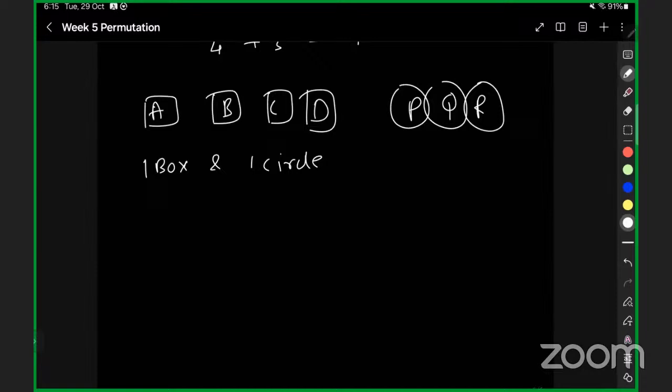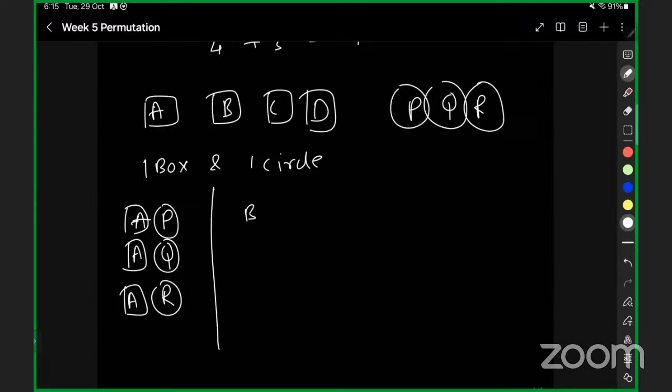So you can choose A box and P circle, or you can choose the same box but a different circle, and same thing you can do with R circle. So three circles are there, and each of them you can select with A. So A box and P, Q, or R, any of them circle. Same thing you can do with B also.